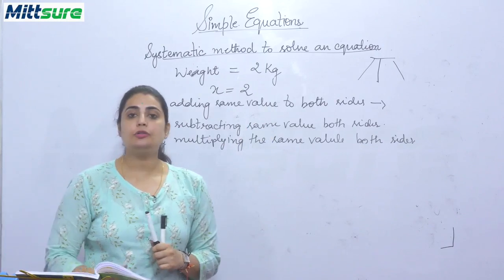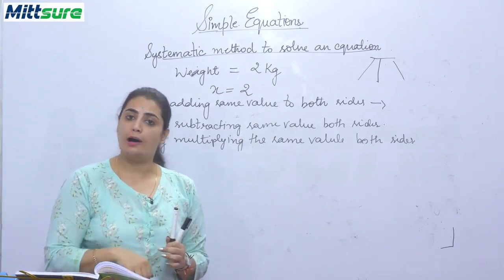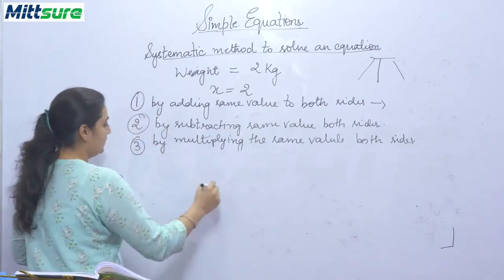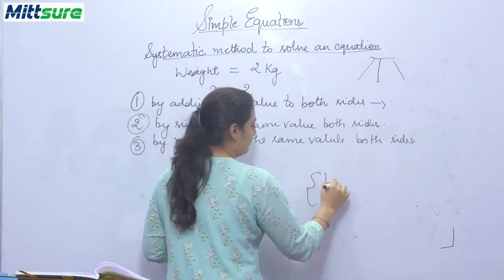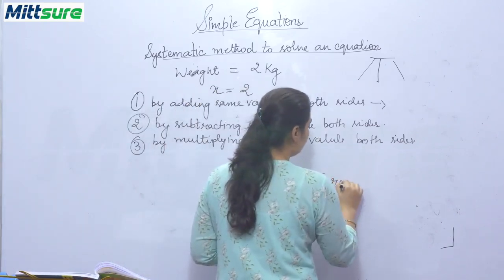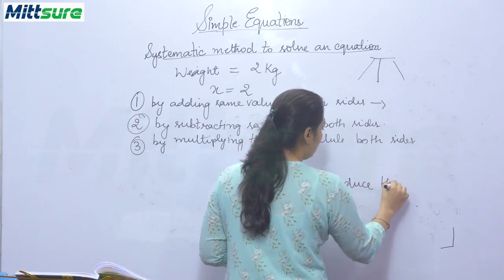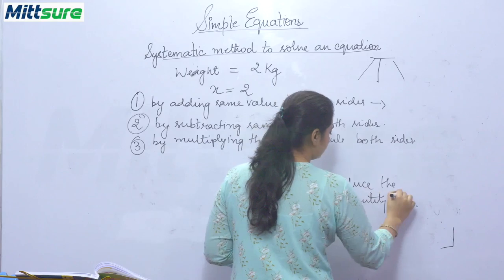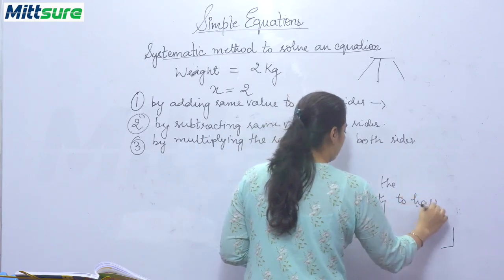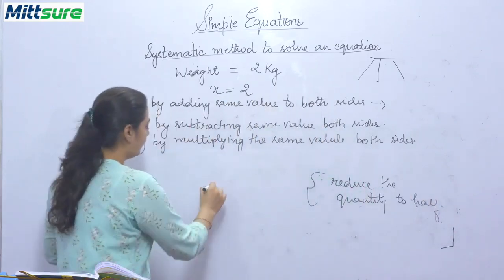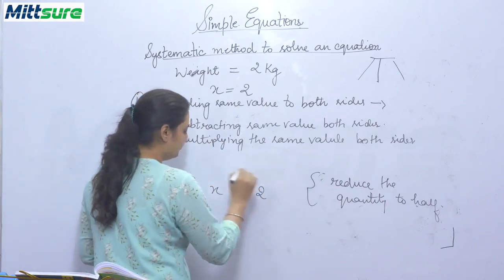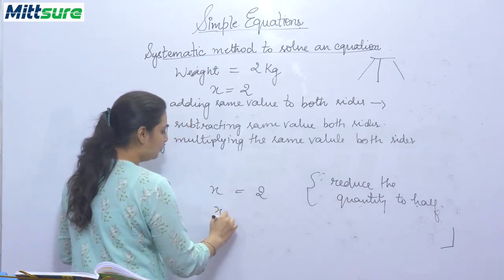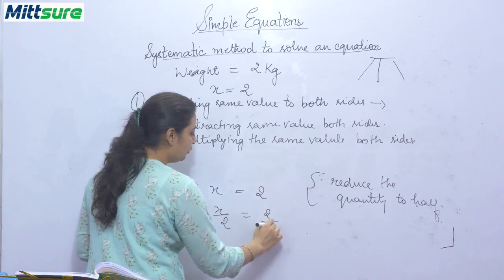Now if suppose I reduce the quantity to half, in that case what is happening? X is equal to 2. So x upon 2 equals 2 upon 2.